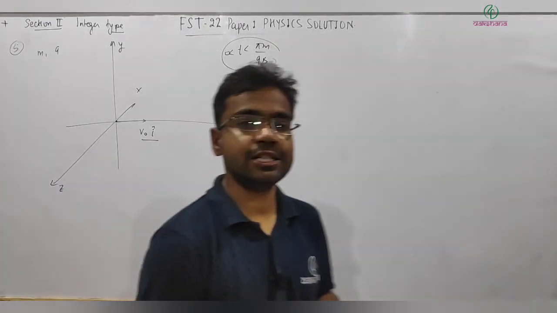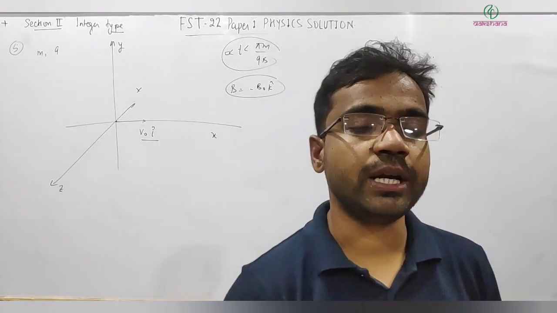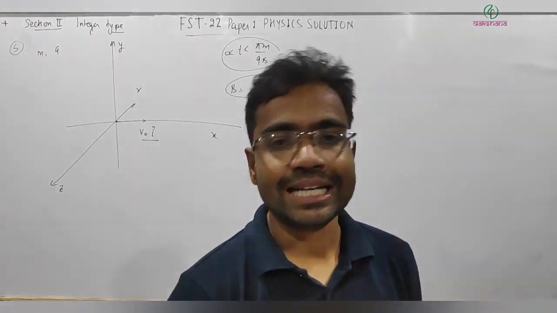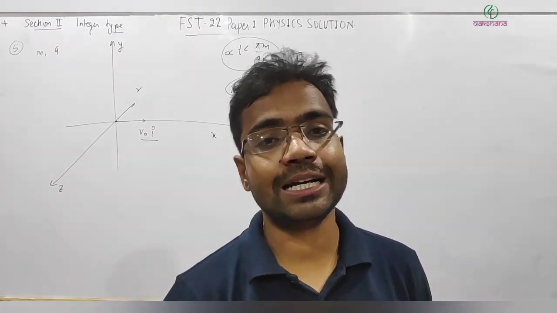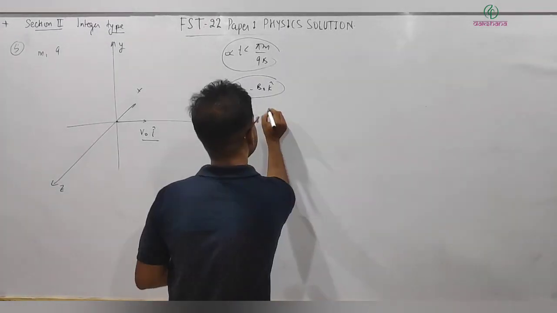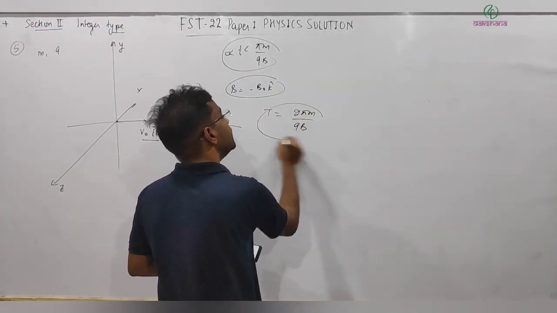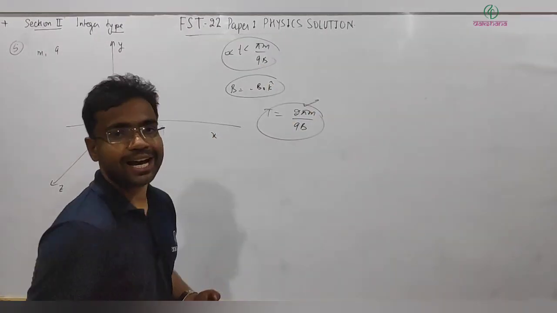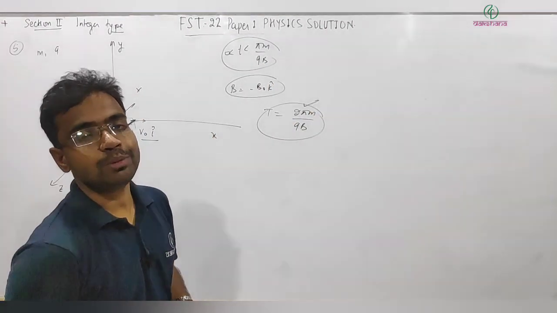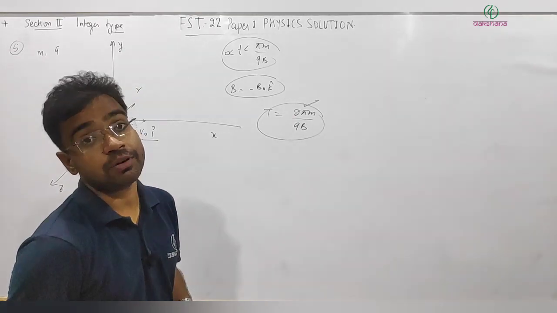So we can see when a particle is projected with velocity perpendicular to magnetic field, the path of the particle is a circle, where the time period is given by 2 pi m by qb, and here we can say it's exactly half of the time period. So how much path will it describe? Exactly half of the circle.